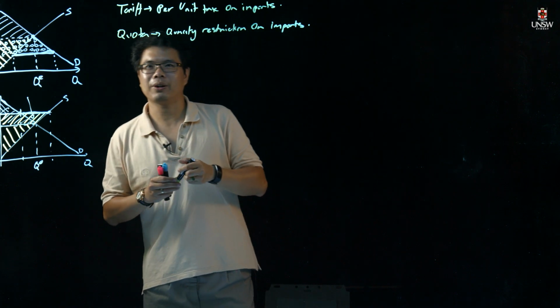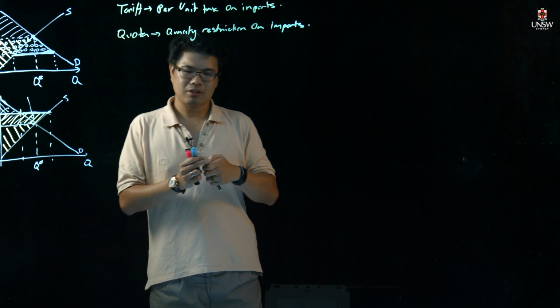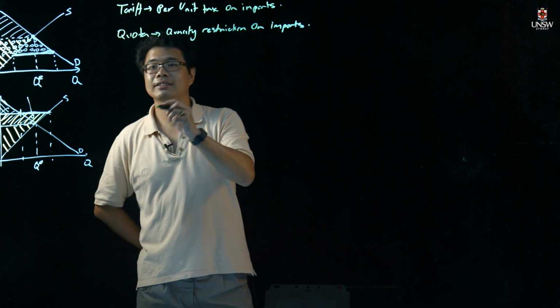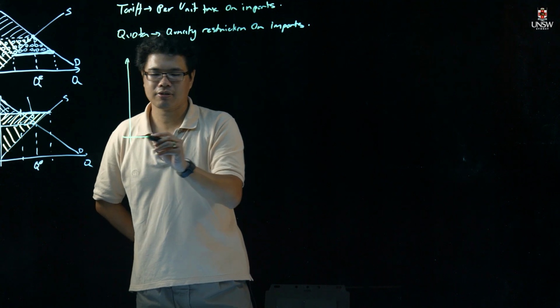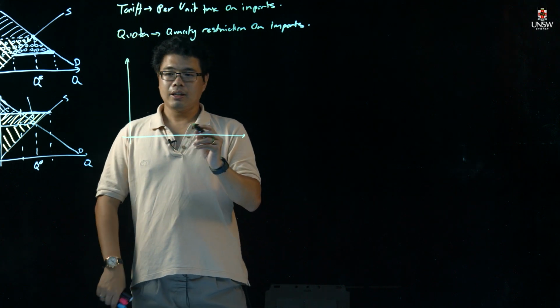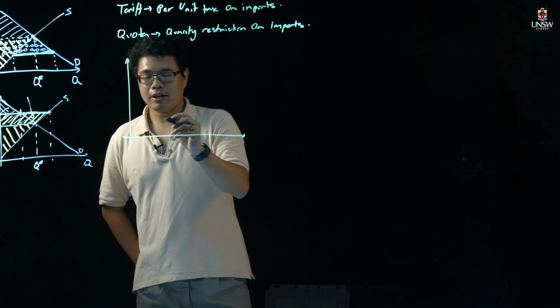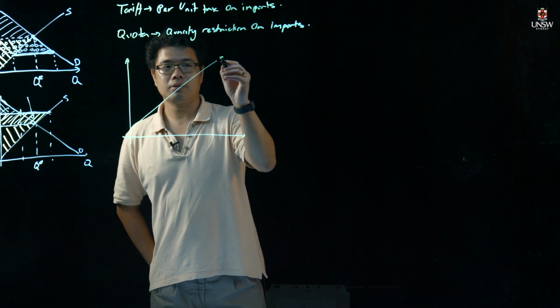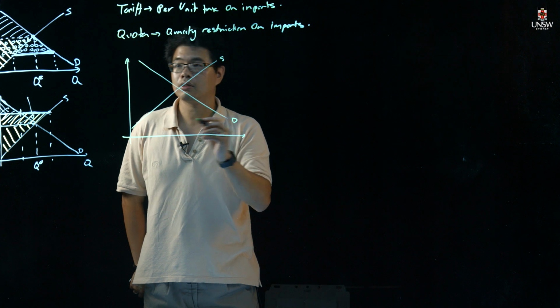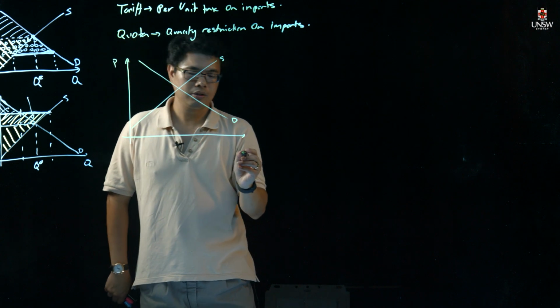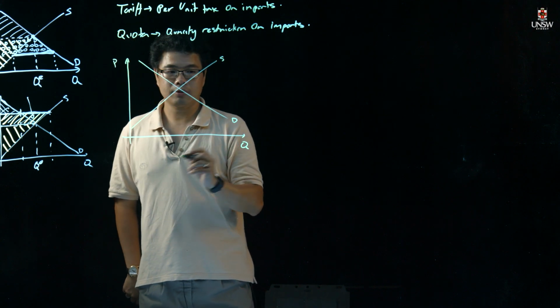I'm going to use the green one now, just to make this a little more exciting. So we have a tariff, and as per usual, a supply curve and a demand curve, P, Q.